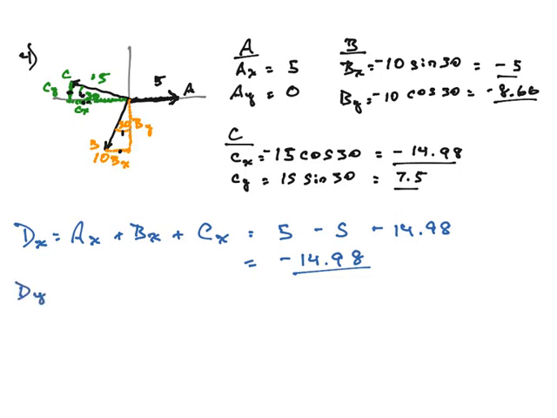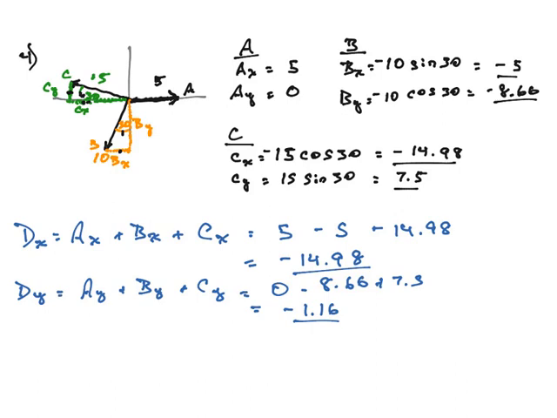And DY, of course, is AY plus BY plus CY. AY is 0, BY is negative 8.66, and CY is positive 7.5. Plugging this in my calculator, I get that DY is negative 1.16.